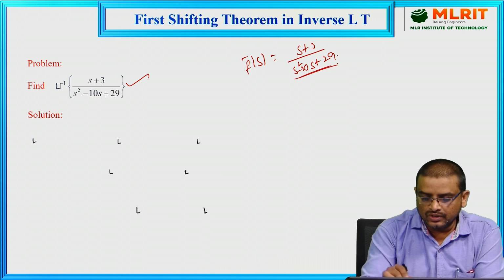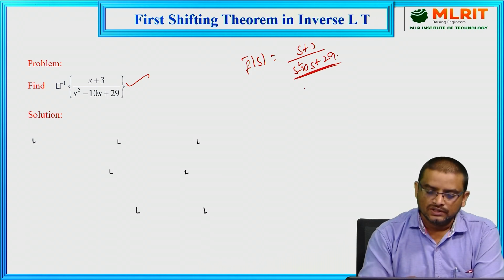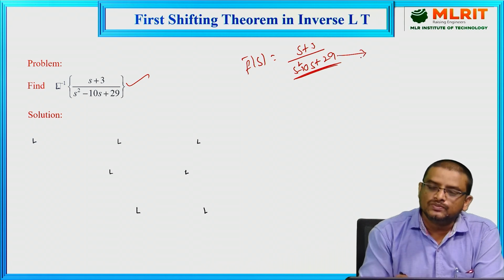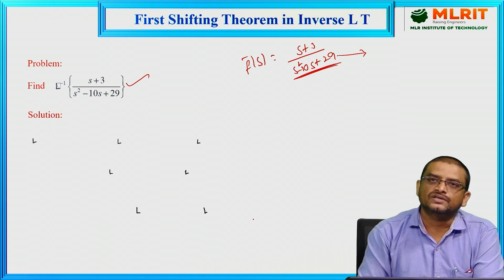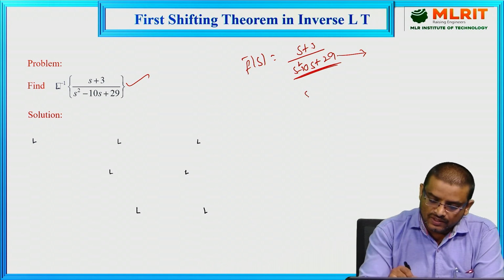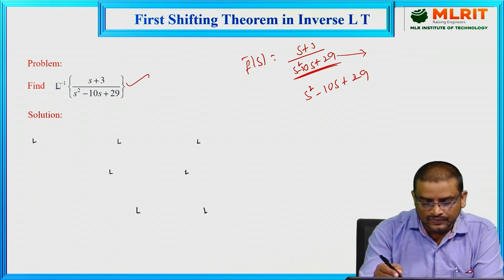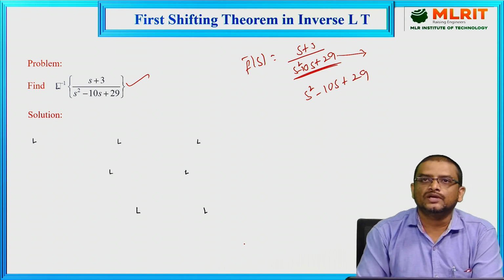Now concentrate on the denominator first. Our denominator is a quadratic polynomial in s. Check whether it is reducible into linear factors or not. s square minus 10s plus 29 is not possible to split into linear factors.